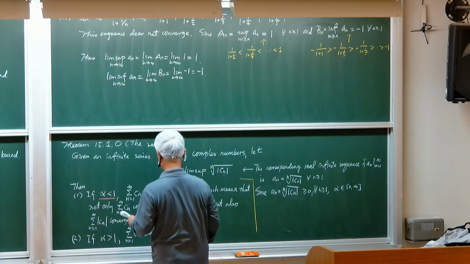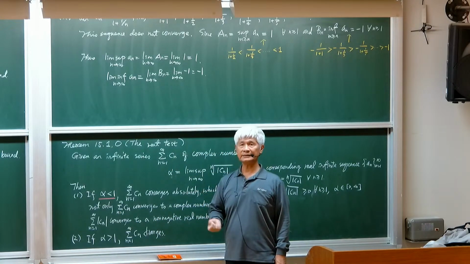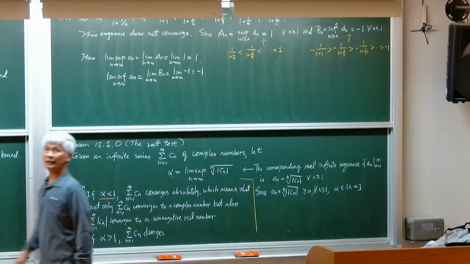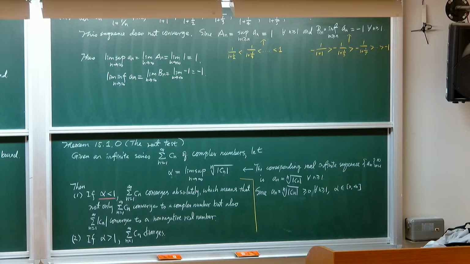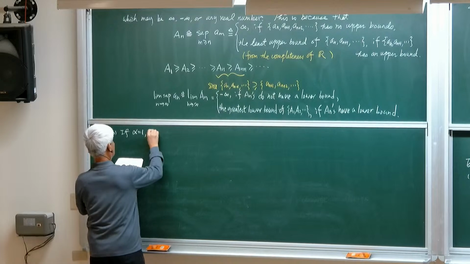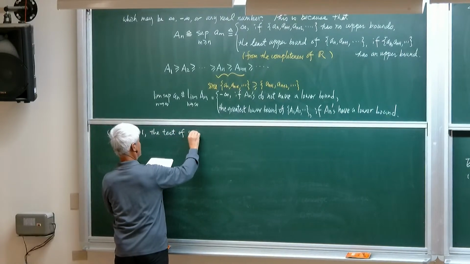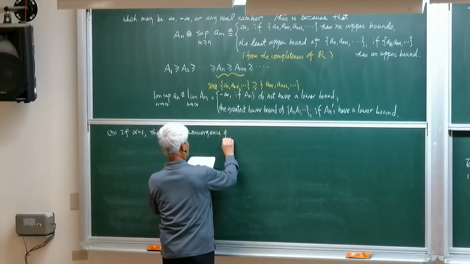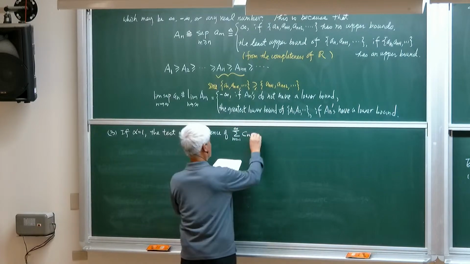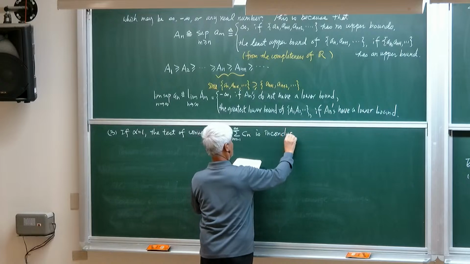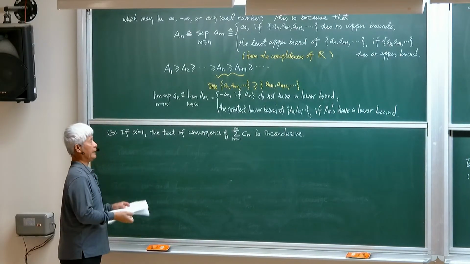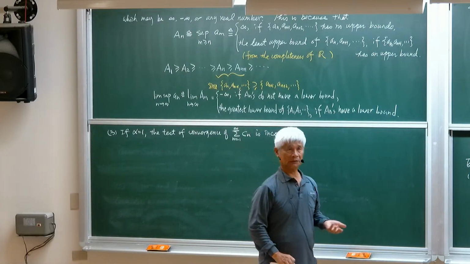The only case left is alpha equal to 1. If alpha equals 1, the test of convergence is inconclusive, which means that we don't know. This is called the root test.